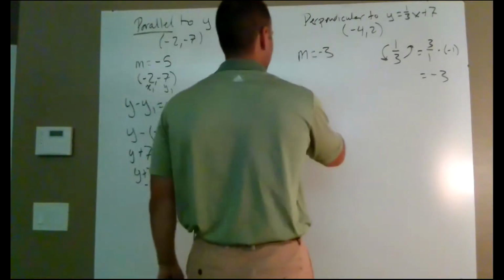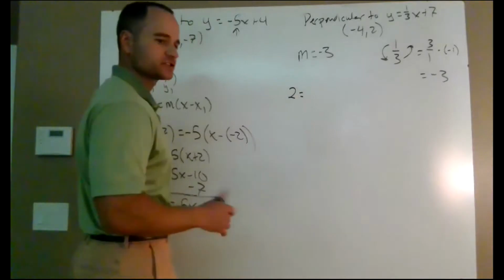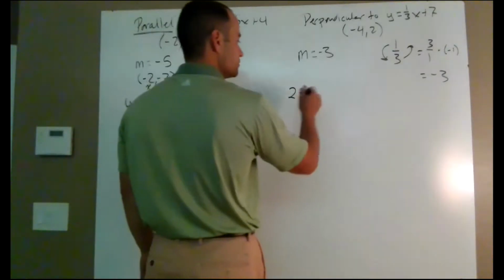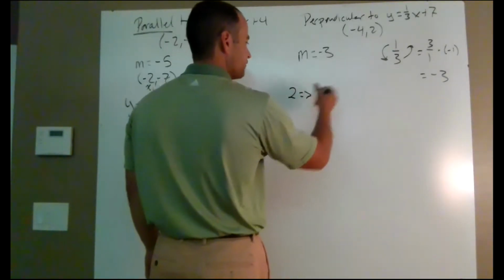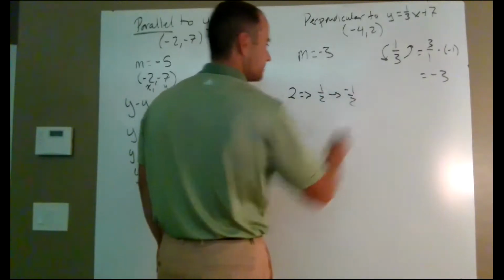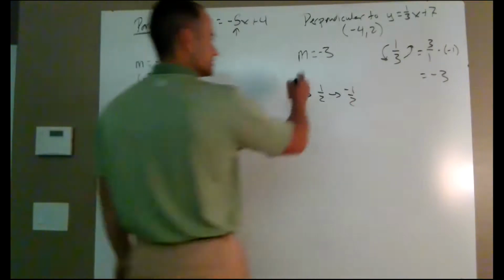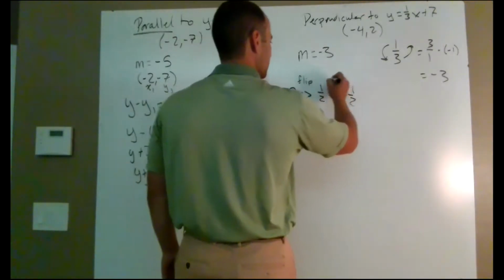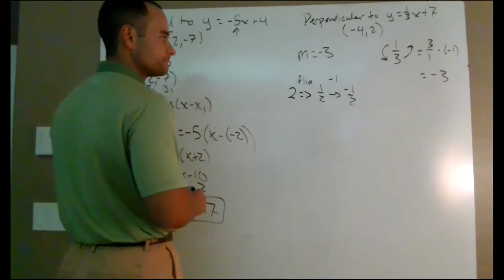We're going to do that a little bit here just to make sure we understand the negative reciprocal aspect. If I have 2, if I flip it, that becomes 1/2, and then I multiply it by negative 1. So I flip, and then I multiply by negative 1.